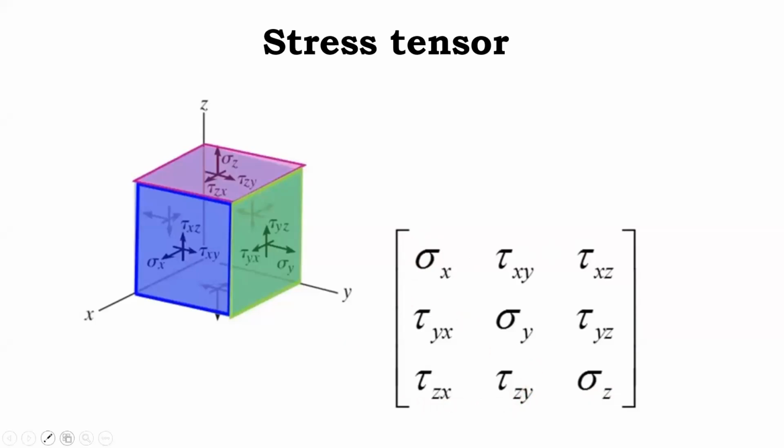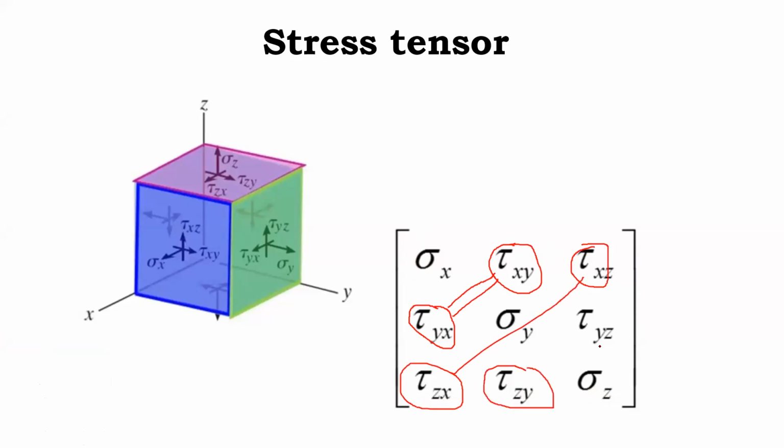Out of this, tau xy and tau yx have the same value. Okay, they both are equal. Similarly, tau xz and tau zx are the same, and tau zy and tau yz are the same.